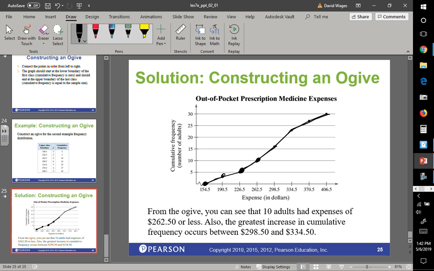One advantage to the ogive is it lets us see when we have the greatest increase from one step to the next. We might see that, hey, there's more of an increase from here to here than there is from here to here. So it often helps us quickly compare corresponding values. So that is an ogive.